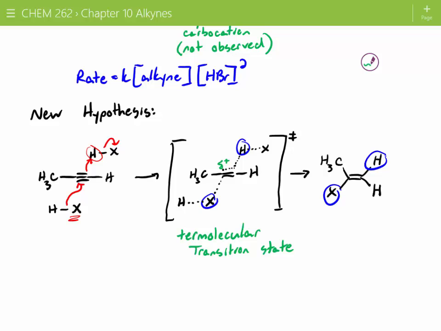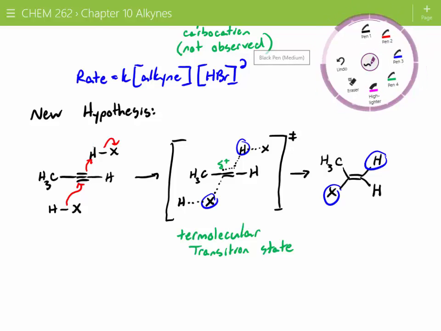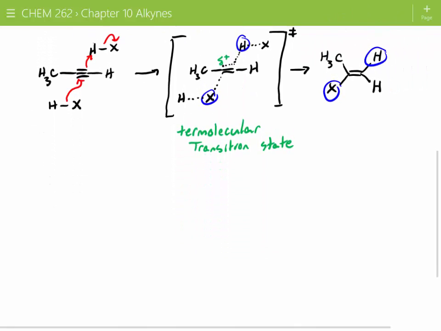So make sure that you do remember that hydrohalogenation reactions add anti, and that they add to the more substituted side of our alkyne. It's a little bit confusing because we go through the different mechanism, but the nice thing is the product doesn't really change that much. All right, so let's do an example of this using some real molecules.